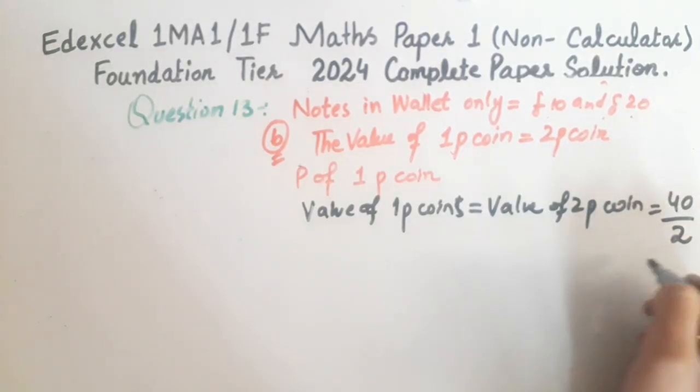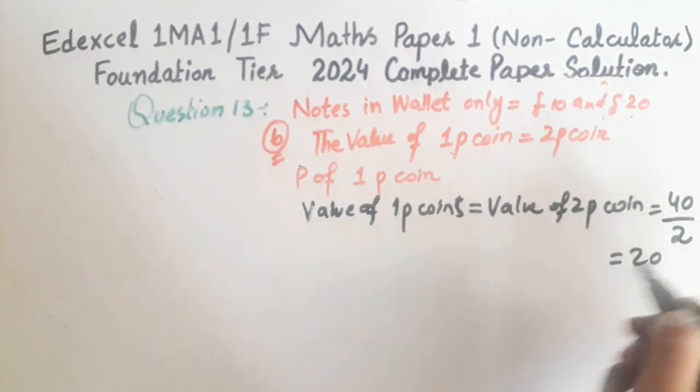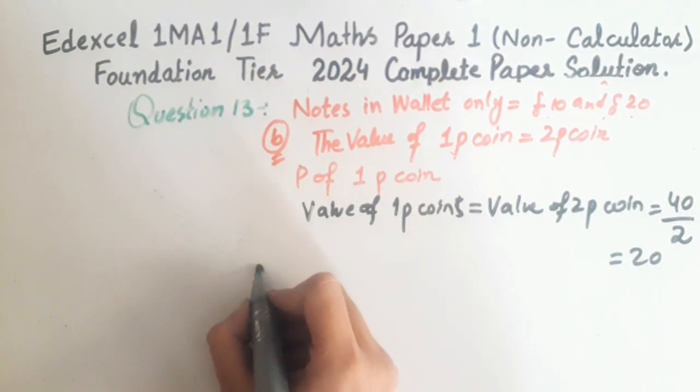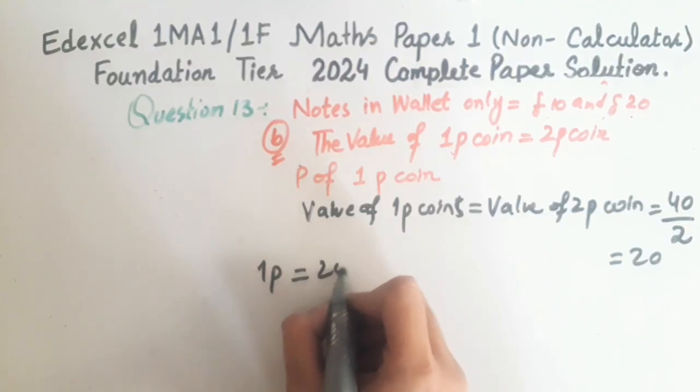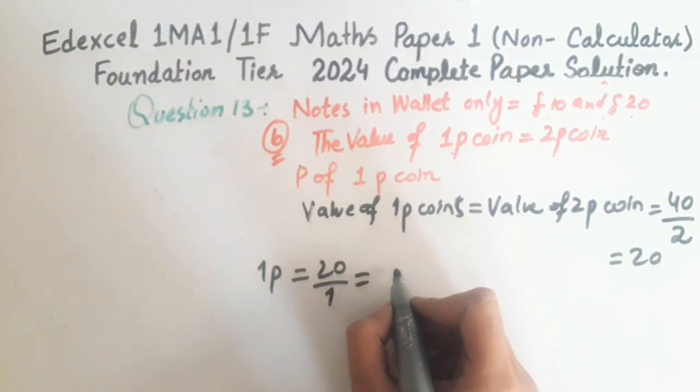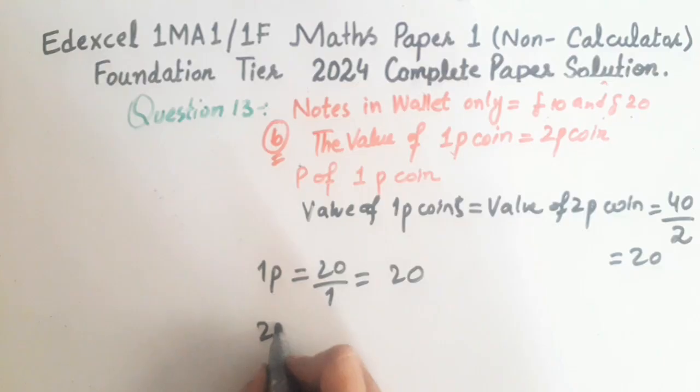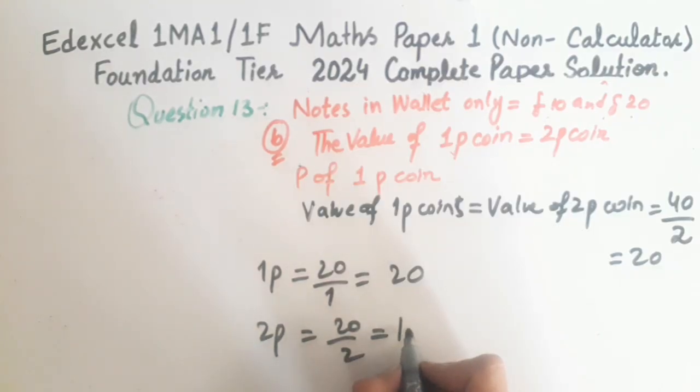So 40 divided by 2, we get 20. So the one P coins: 20 divided by 1 means 20, and the two P coins: 20 divided by 2 means 10.